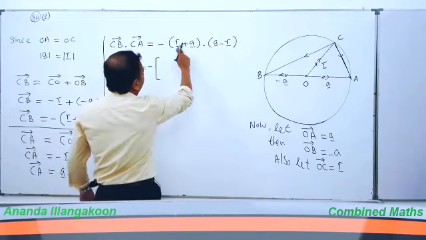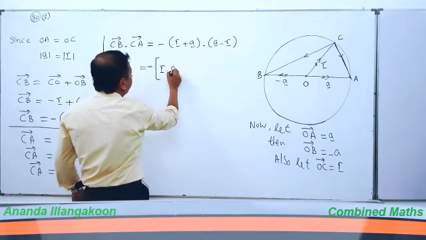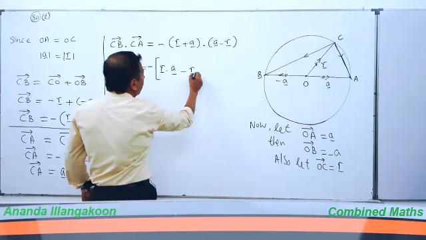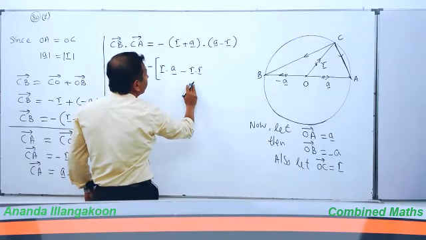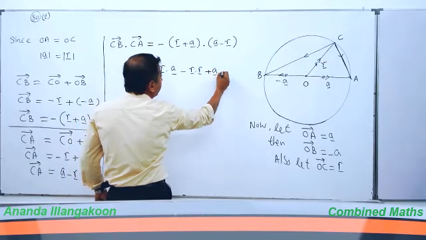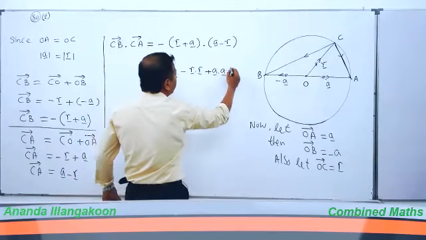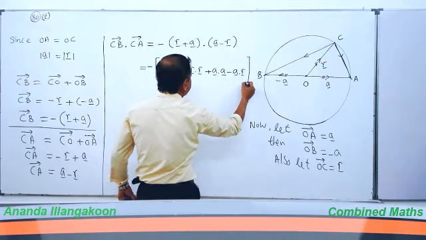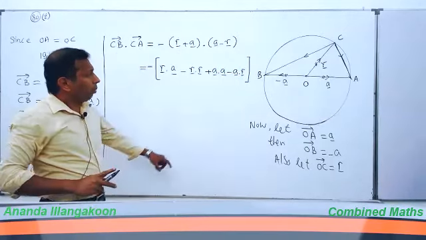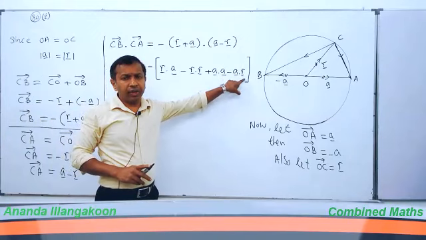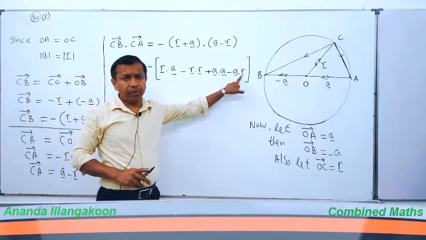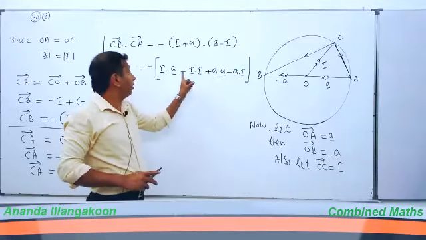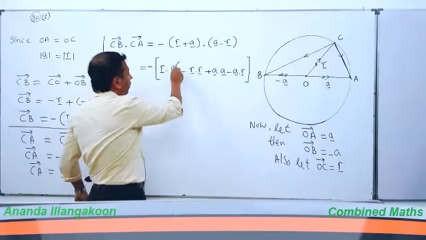What is that, people? R dot A minus R dot R plus A dot A minus A dot R. People, this A dot R you can write as R dot A. Here we have minus R dot A, here we have plus R dot A. These two you can cancel now.